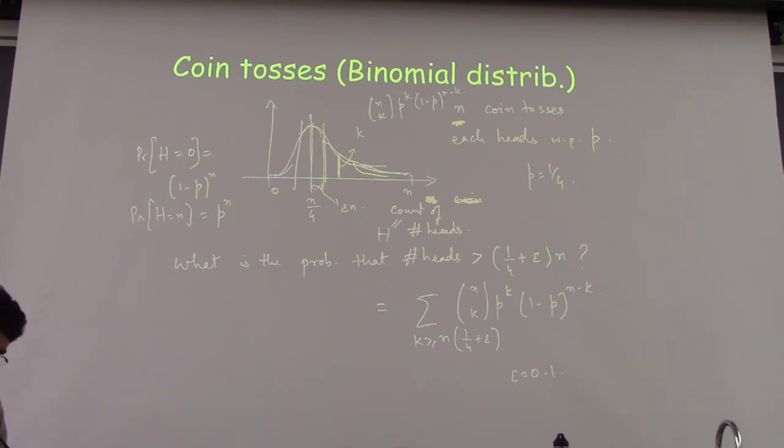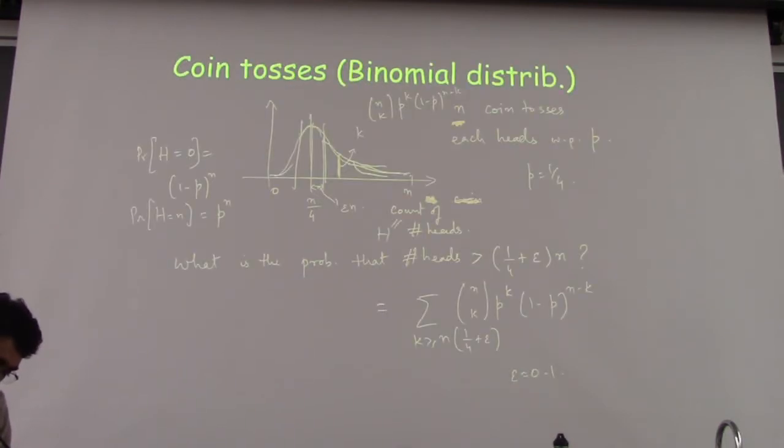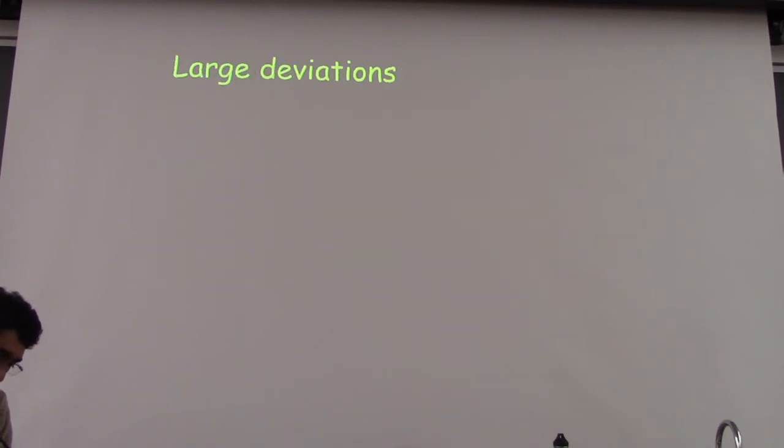Okay, and we want to understand something that will work more generally, not just in the simple setting of coin tosses. These are what are called large deviation bounds.